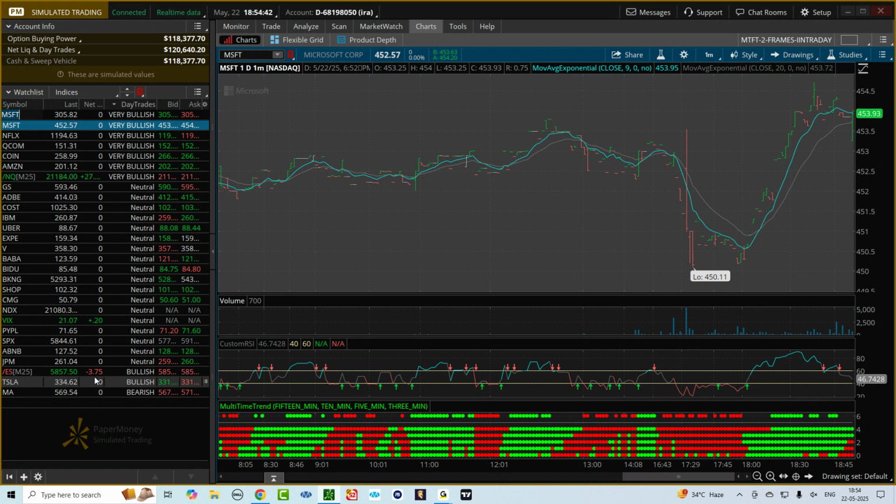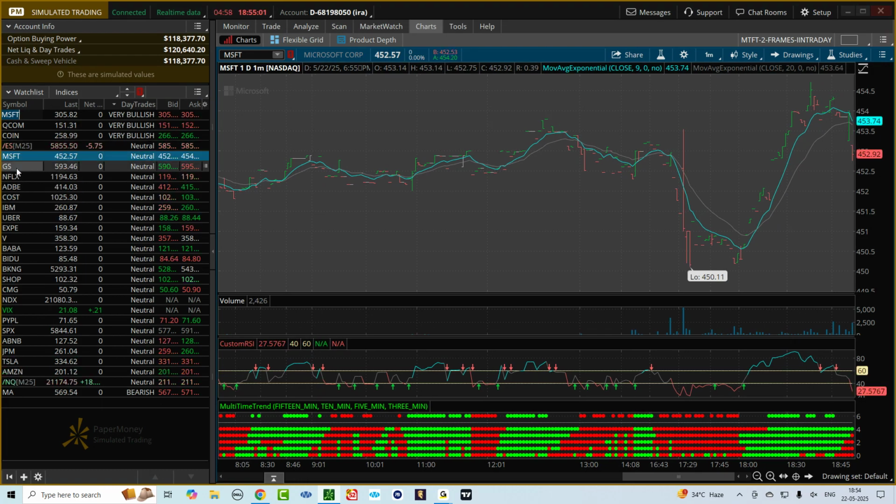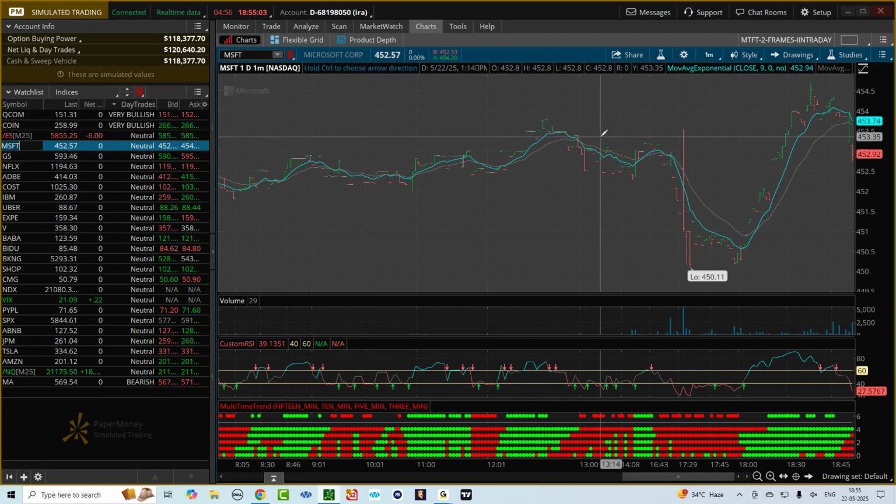I think yields are increasing based upon the U.S. government debt got downgraded by Moody's, and so there's a little bit of impact from that.